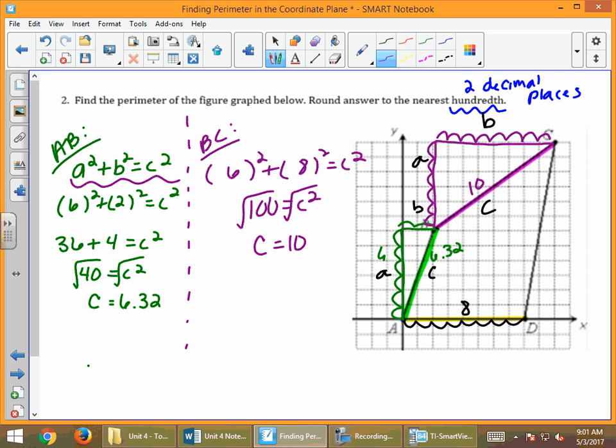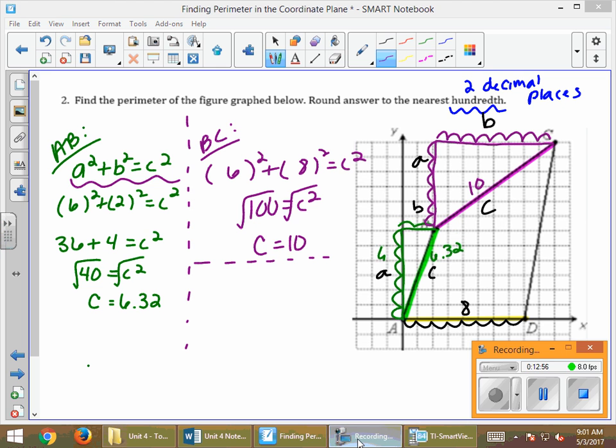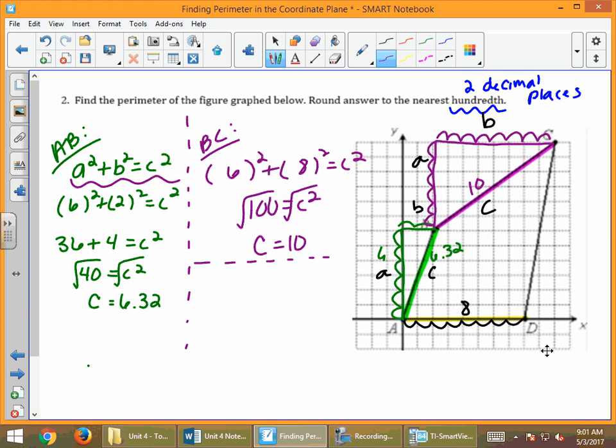And then we do the Pythagorean theorem one more time. So then, just like we did on the other ones, make your right triangle. Again, slanted sides are C, and it doesn't matter, that one's our A and that one is our B. Count to get your sides.